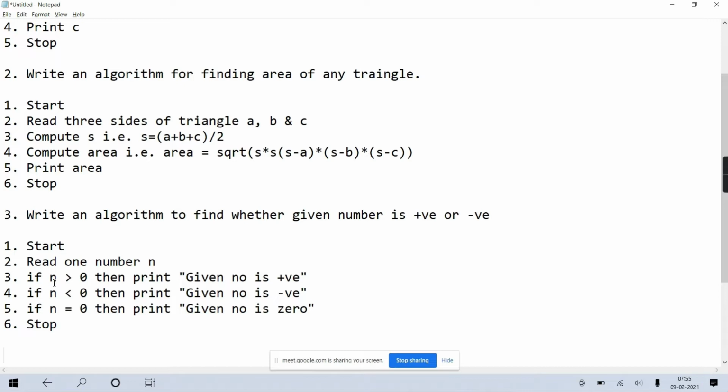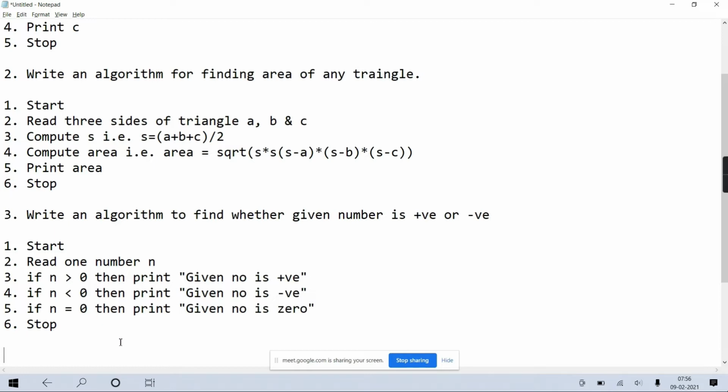Like if your given number is 35, this will run, but the other two won't do any printing. As your number is 35, which is greater than 0, it will print. But as it's not less than 0 and not equal to 0, those won't get printed. If it is minus 50, the first won't get printed. The second is true, so this is printed. The third won't get printed. So in this case, selection is happening.